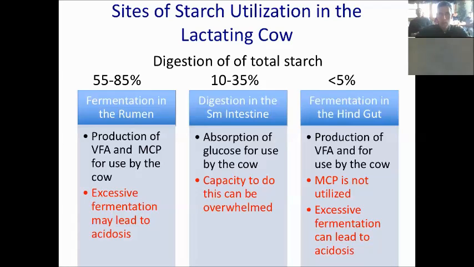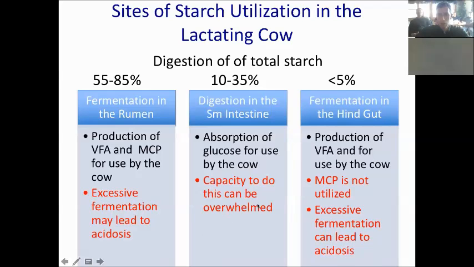And then the problem with fermentation in the rumen, however, is that there's always got to be a balance. If we have too much starch digestion in the rumen, or it's too much too quickly, we possibly could end up with excessive fermentation, which may lead to acidosis.